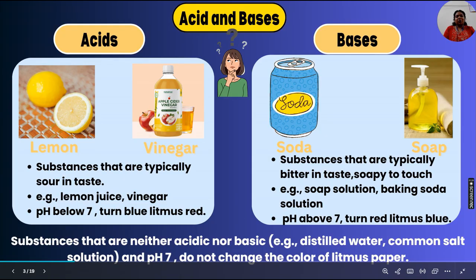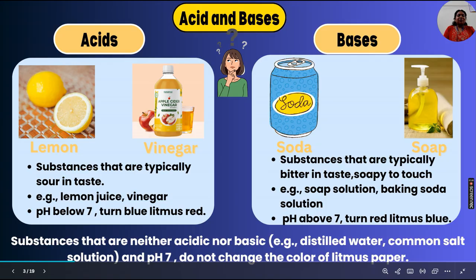If you have drunk soda, you'll see it is not bitter, because many substances are mixed with it. Soap is also bitter. Because of the presence of a base in soda and soap, they are basic in nature, their pH is above 7, and they turn red litmus paper blue.